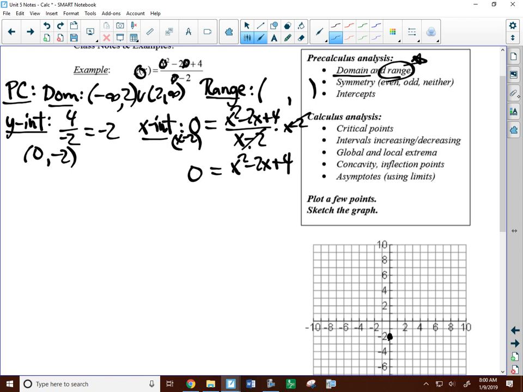Factoring doesn't work, if you were trying that. So I start to do the quadratic formula: negative b plus or minus the square root of b squared minus 4ac, all over 2a. But what happens is I get inside the radical 4 minus 16, which is negative 12. And so there are solutions, but they're imaginary.